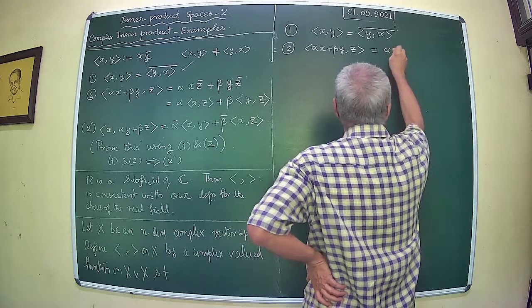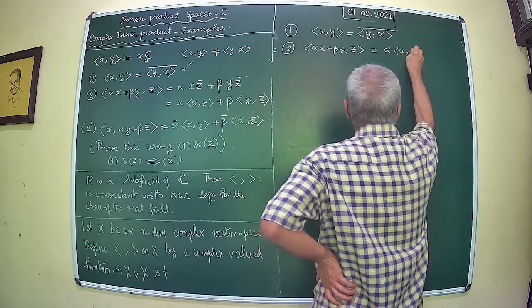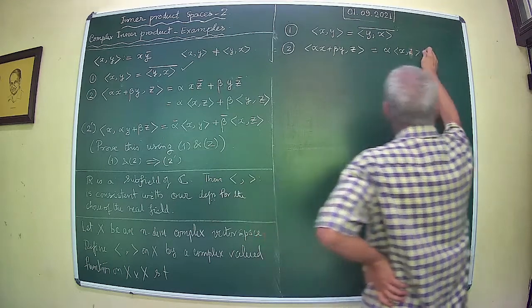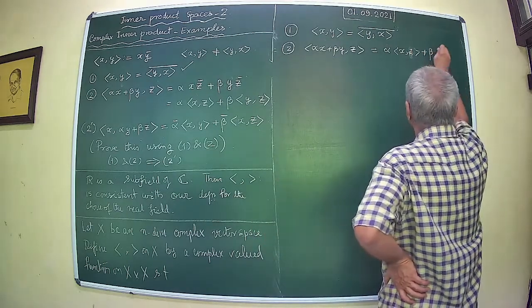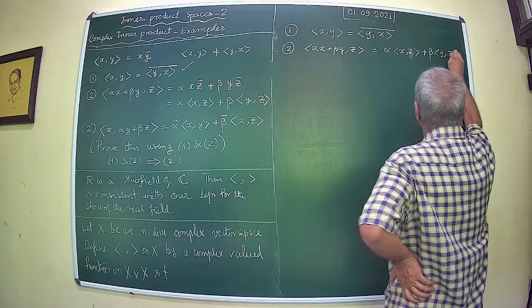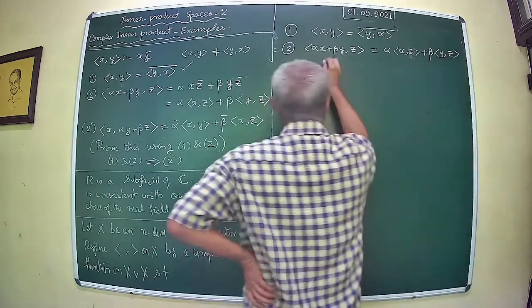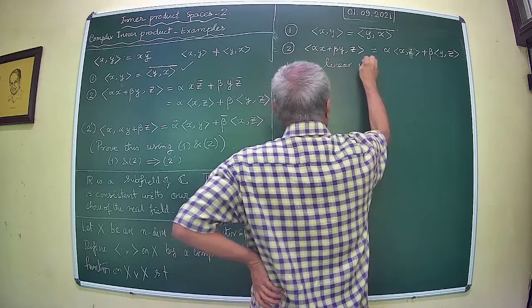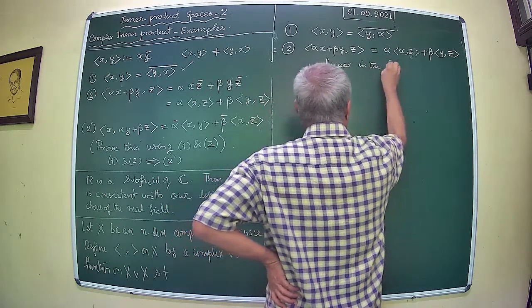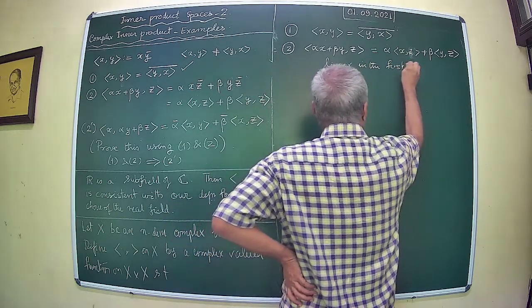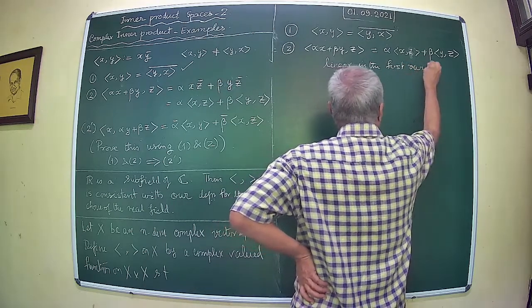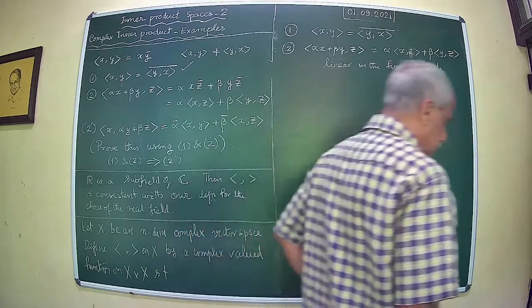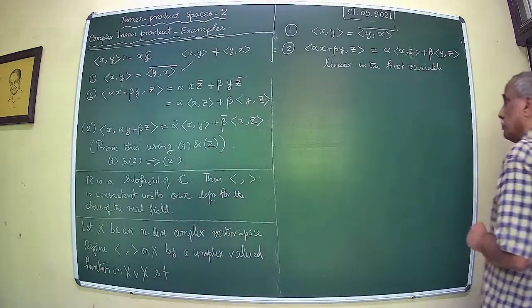It remains the same. Or you can say that linear. That means keeping the second variable fixed, it defines a linear version.